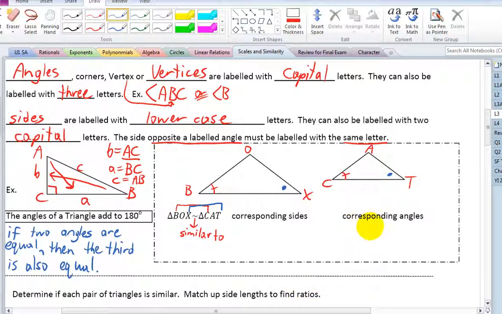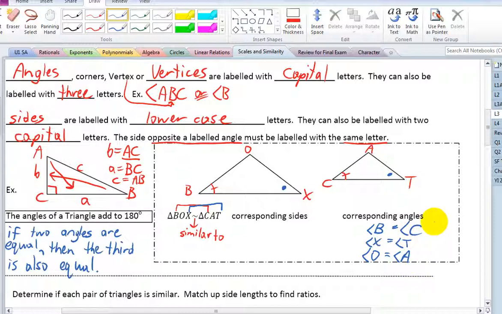So I can say angle B equals what angle? Angle C. I can tell from the diagram and from the name. What does angle X equal? Good. Angle T. And what does angle O equal?